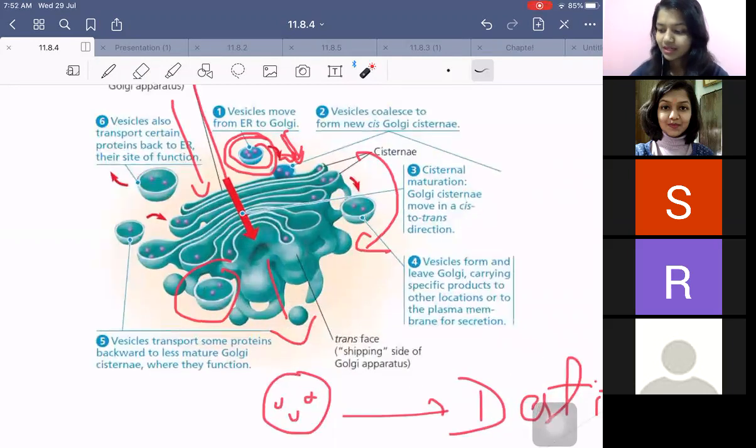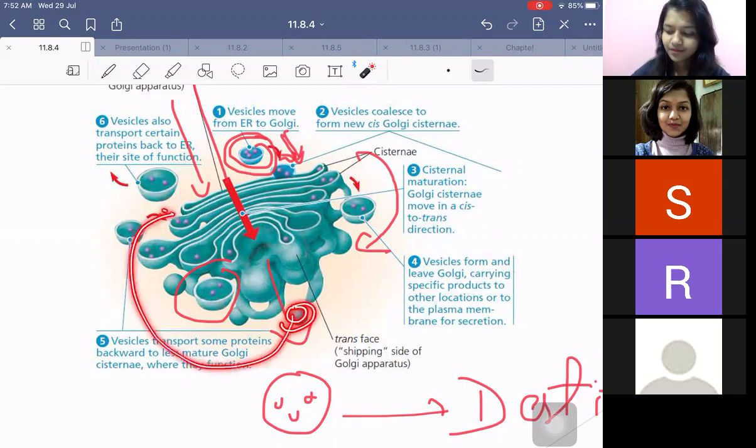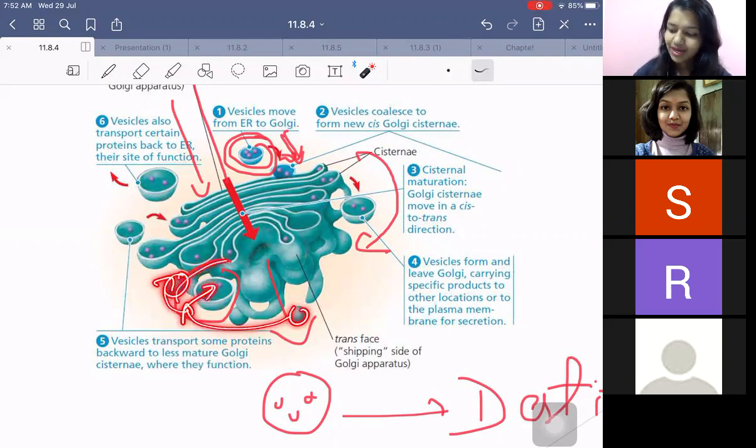So if you consider it as a factory, any vesicle which is improper, which is not having proper proteins, will be sent back, so that again it gets modified and comes back proper.